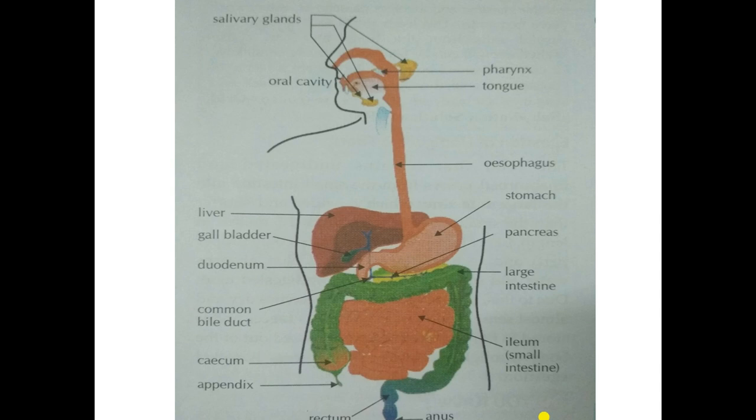So here in the small intestine, complete digestion takes place. Carbohydrates convert into glucose, fats convert into fatty acids and glycerol, and proteins are converted into amino acids. Minerals and vitamins are already in a simple form, so they are easily absorbed.